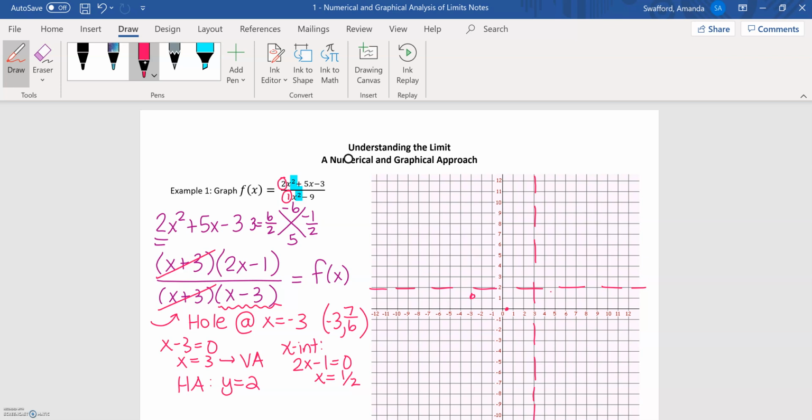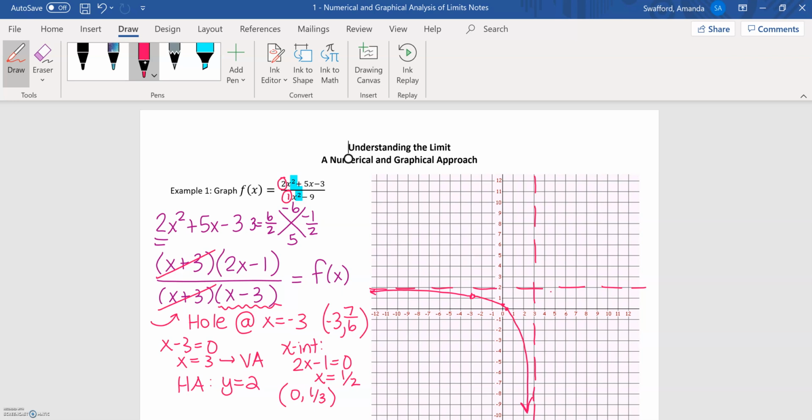If we plug in 0 for x, we would get 1/3, and that would give us our y-intercept, which makes sense that those are close together there based on what we already have. So remember, as you sketch this graph, we've got that hole, and the function will hug the horizontal and vertical asymptote as it approaches it.